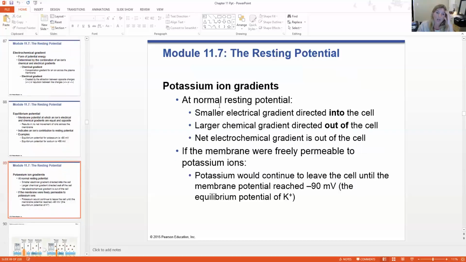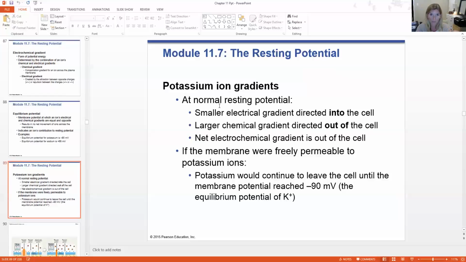So our potassium ion gradient at normal resting potential: a small electrical gradient is directed into the cell, and a larger chemical gradient is directed outside of the cell. So there's a net chemical gradient outside of the cell. That large chemical gradient is pushing out. If the membrane were freely permeable to potassium, potassium would continue to leave the cell until the membrane potential reaches negative 90 millivolts.